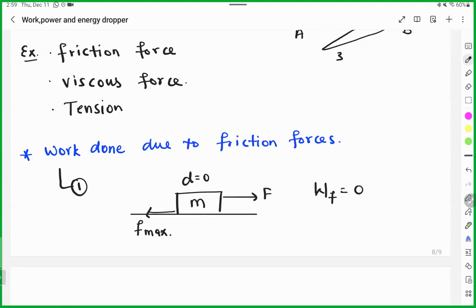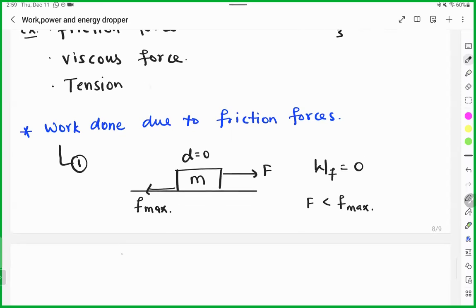Correct? So we know in this case friction is more than the external force. That's why body cannot move. Or you can also say that if friction is more than that, so mu s, static friction, is more.